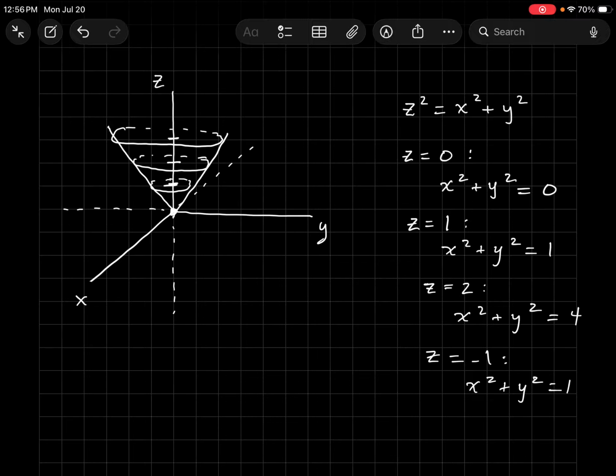So we would get a circle with radius 1 centered about the z-axis, but when z equals negative 1. And so without doing all the detail, I already know what's going to happen. I'm going to get a cone centered about the z-axis, but below the xy plane, just like that.